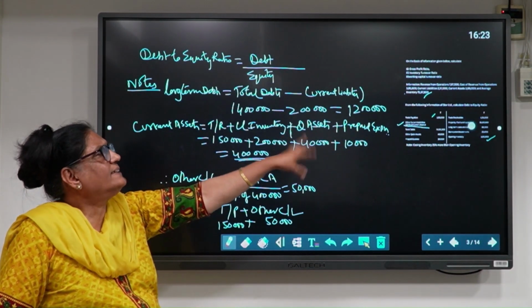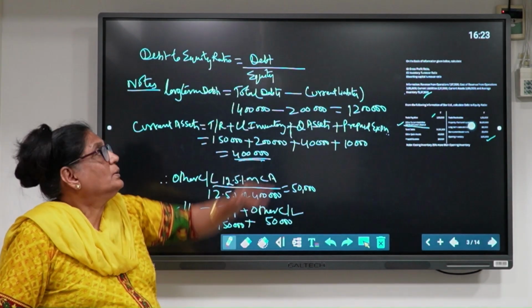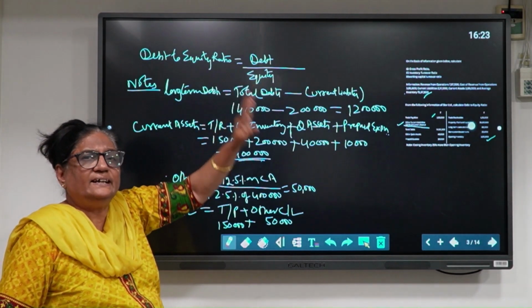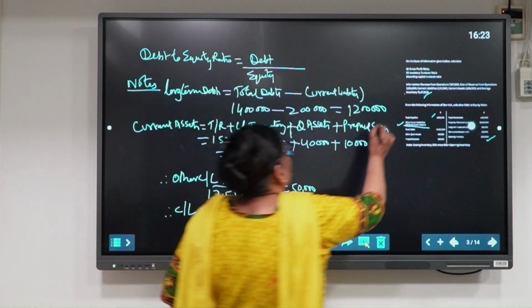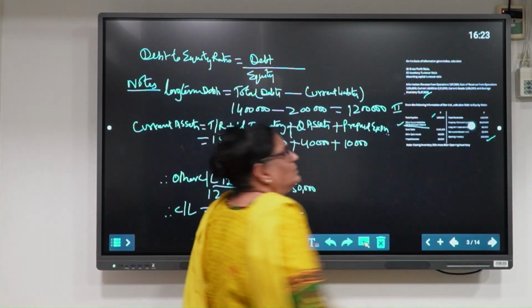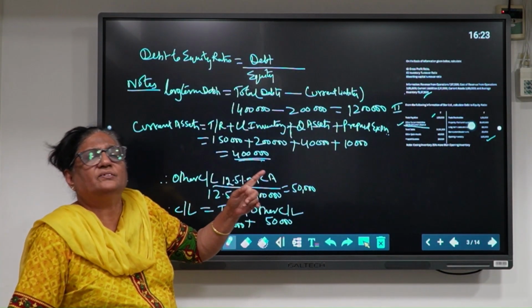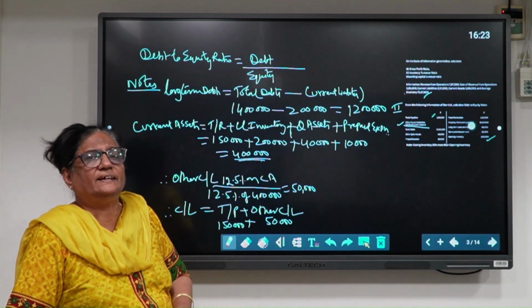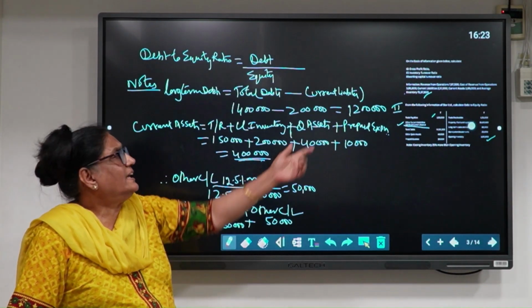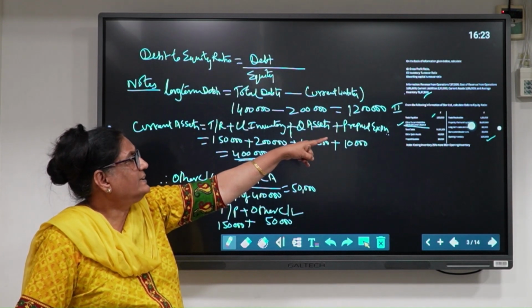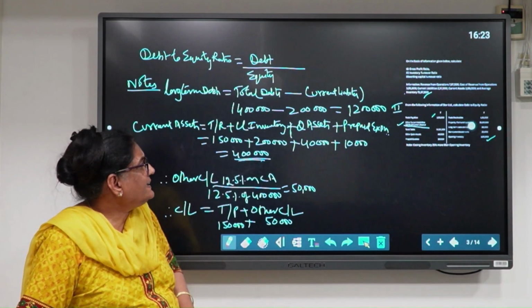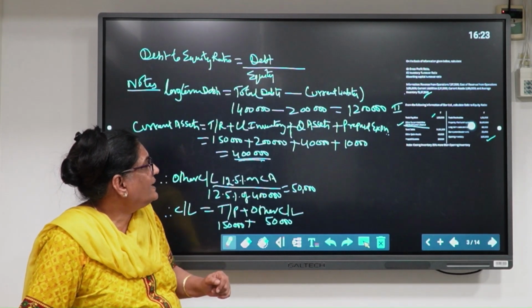Don't link with the first part, which was entirely different. This is the second part of the problem. To find current assets, they have given trade receivable, prepaid, other current asset, and quick assets. Fine.